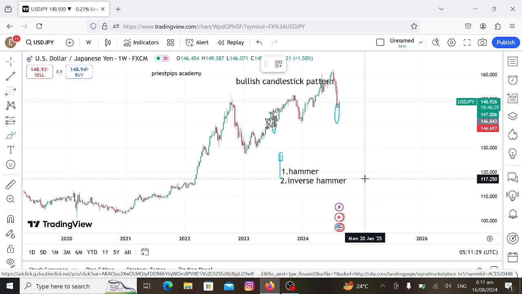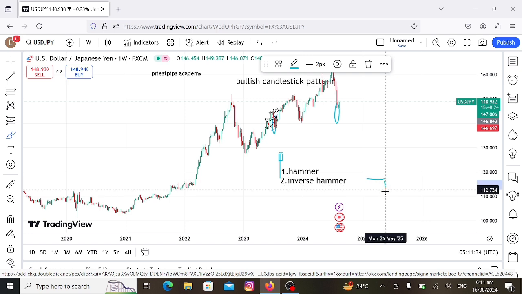So an inverse hammer is something like this, something like this, and the wick comes from the top. I'm not good at drawing.